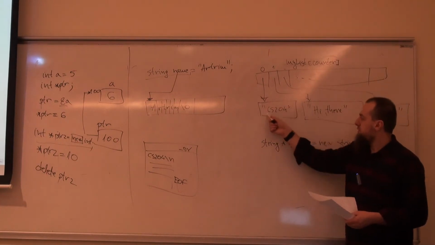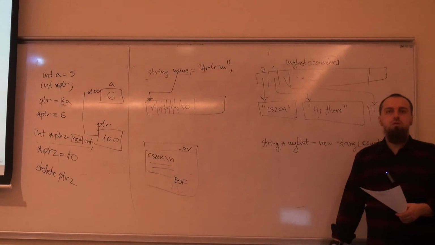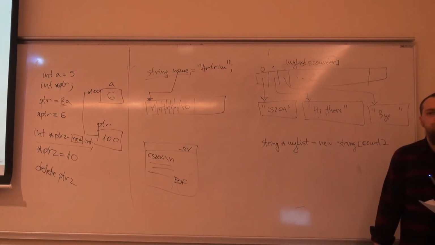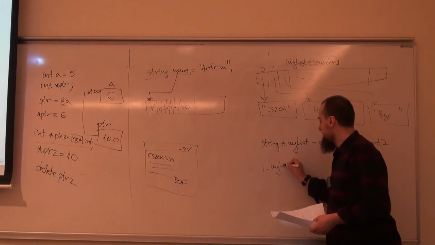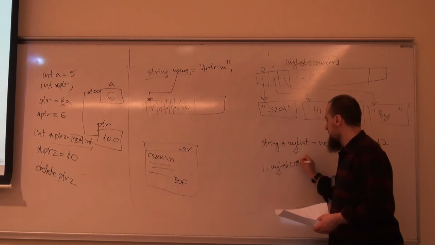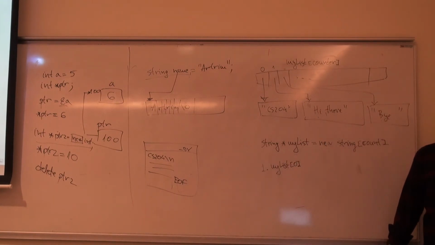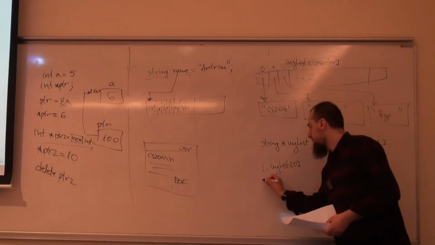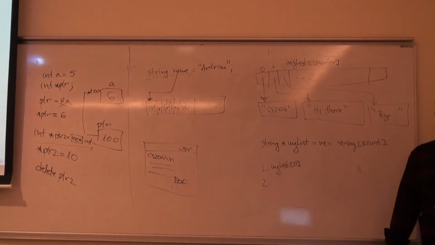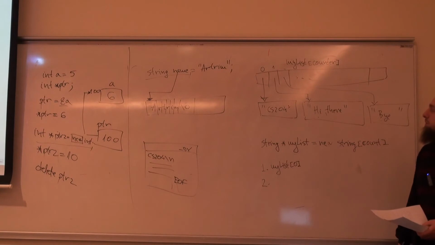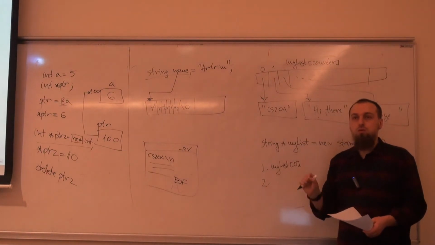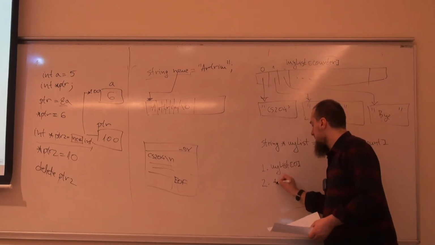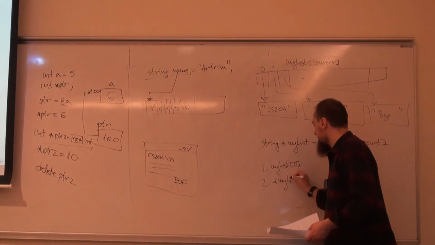How can I access the 0th string? There are 3 ways to do this. One, my list, 0. Very simple. Two, we have already the addresses and it's pointing here. So star, very nice. Star my list.